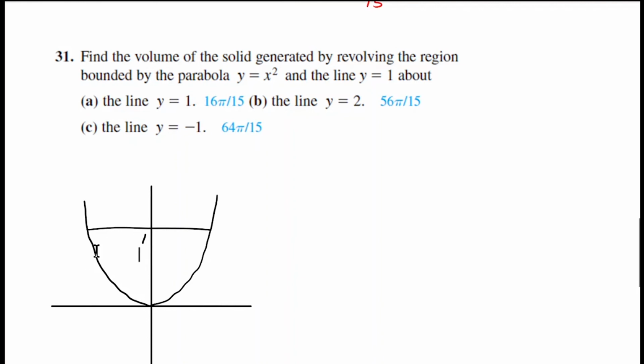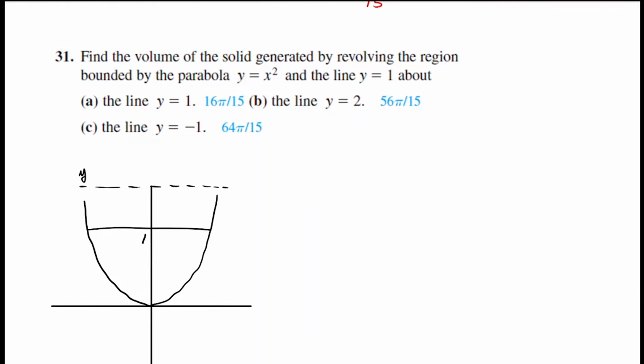Okay, so this region, we have to revolve it about y is, I'll just do b. It's about the same idea. Y is equal to 1 is a lot easier. It's just from here, but y is equal to 2. So that rotational radius, let's say, is here.